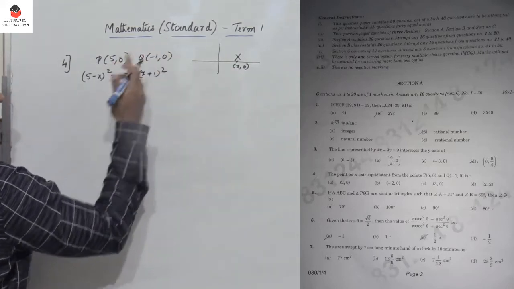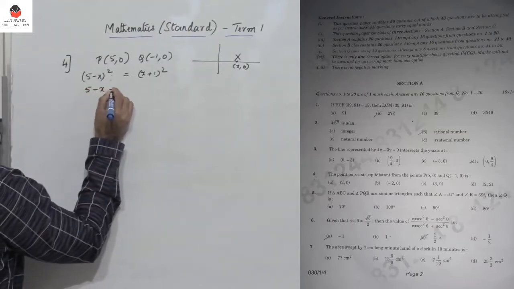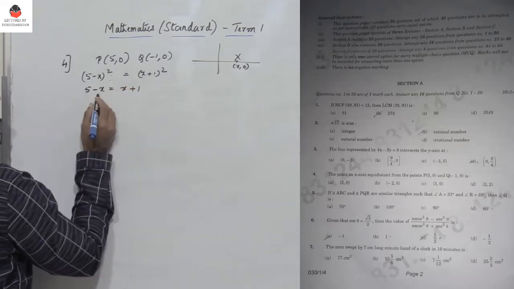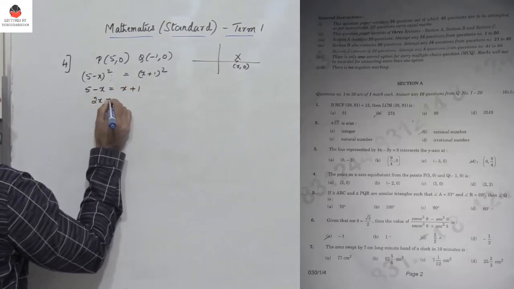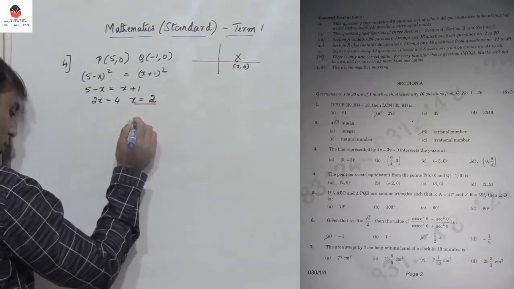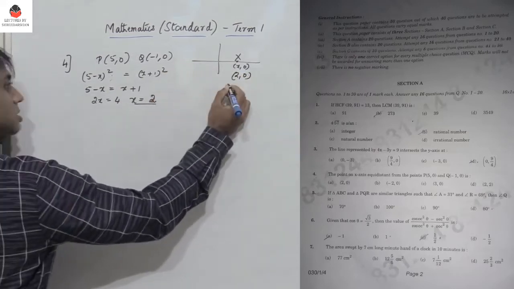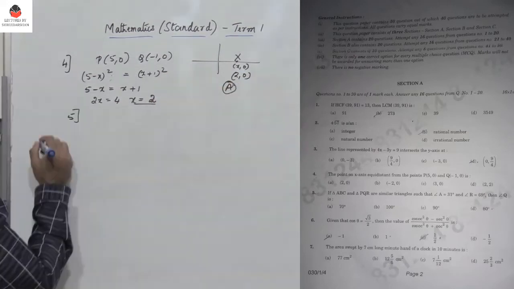So I take the square, I get this expression. Now taking square root on both the sides, I get 5 minus x equals x plus 1. So you get 2x equals 4, or x is equal to 2. So this point is 2 comma 0. So this is nothing but option A.